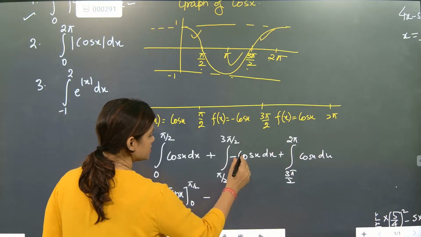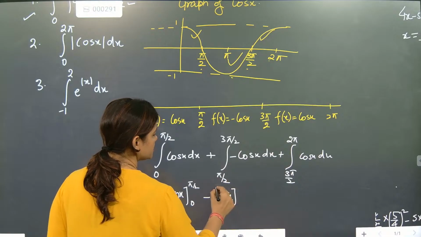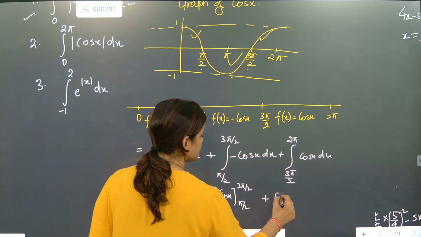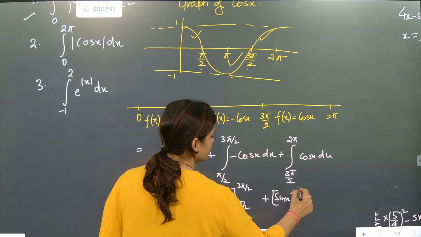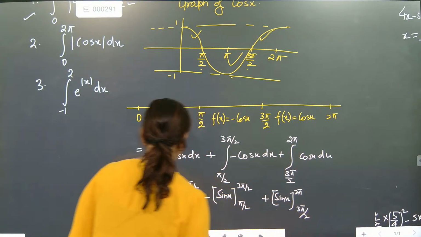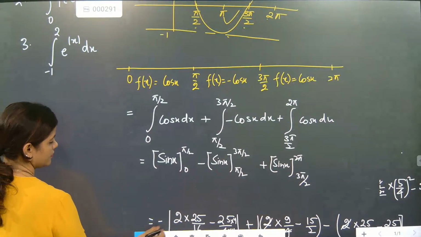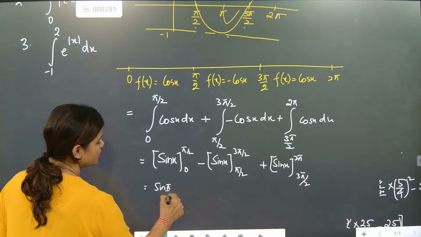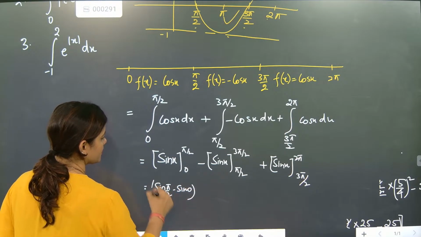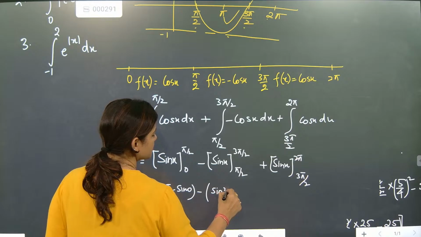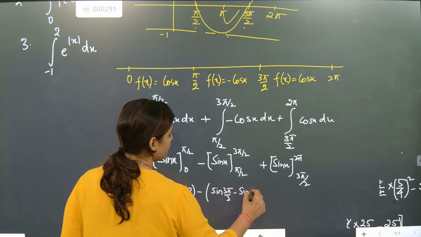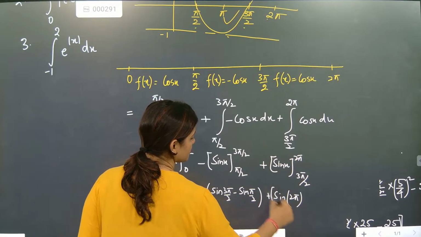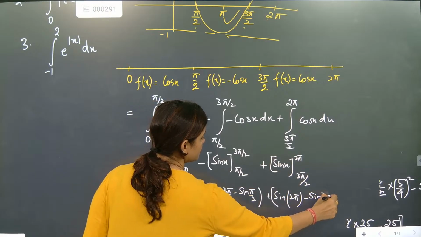Now here it will become minus sin x, from 3 pi by 2 to pi by 2, and then sin x from 2 pi to 3 pi by 2. Beta, what are we going to write here? Can you say? We will write sin pi by 2 minus sin 0 minus sin 3 pi by 2 minus sin pi by 2 plus sin 2 pi minus sin 3 pi by 2.